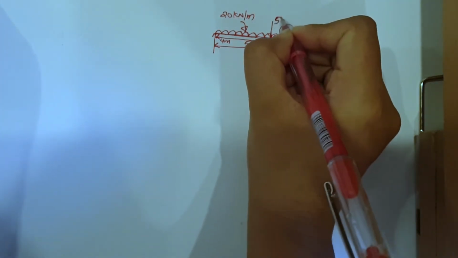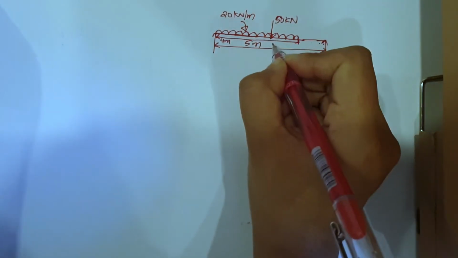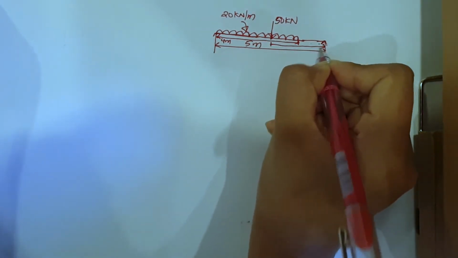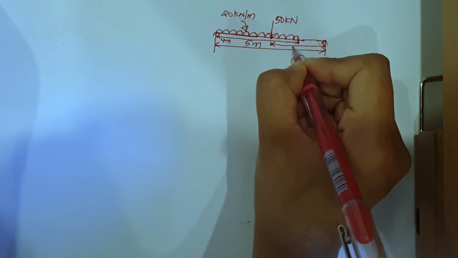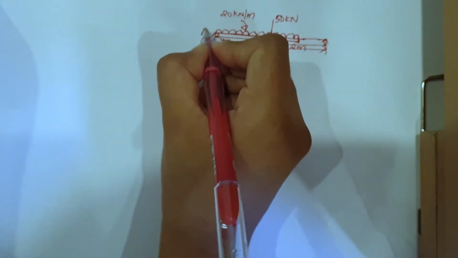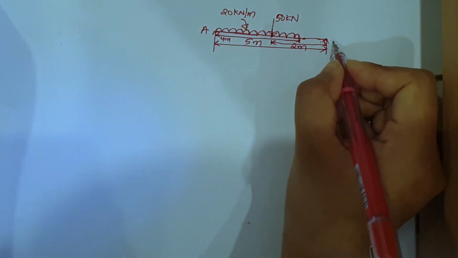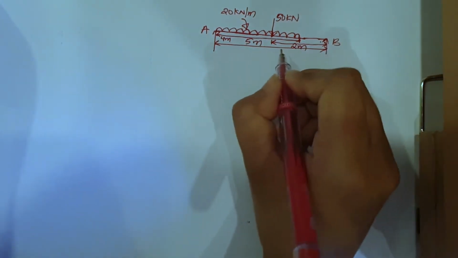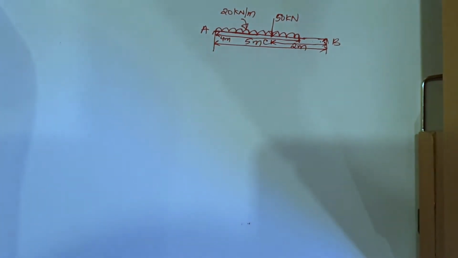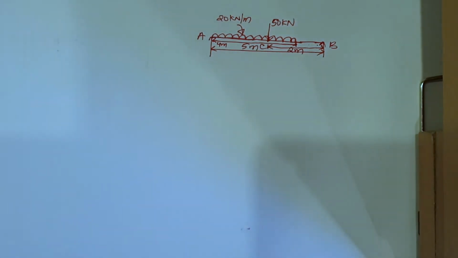The intensity of this load is 50 kN and this distance from here to here is 2 meter. Okay, and let me name these as A, B and C points. Now let us first start by finding its reactions.